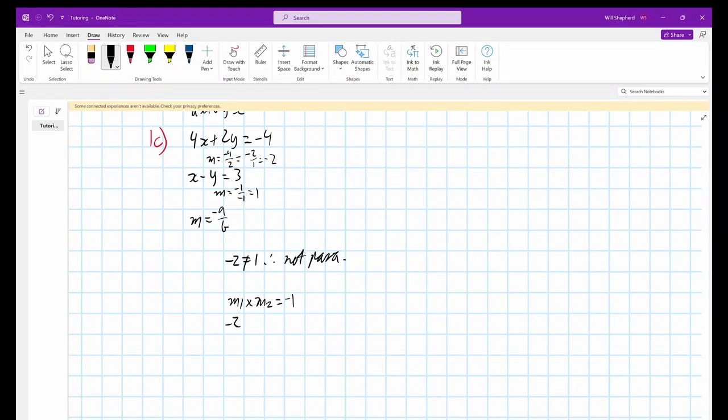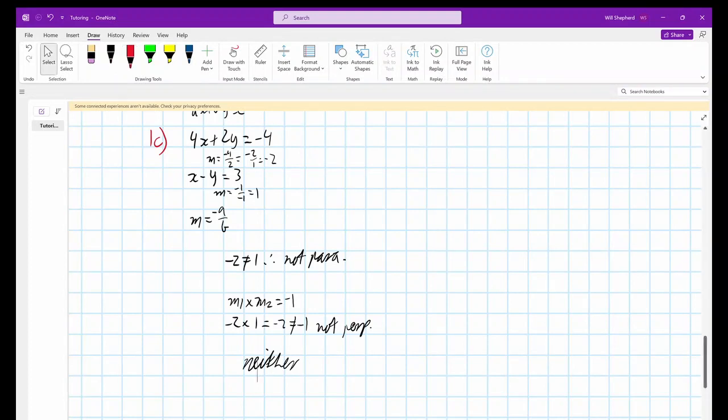In this case, it'd be negative 2 times 1. Negative 2 times 1 is negative 2, which does not equal negative 1. So not perpendicular either, perp for short. So therefore, we can say neither applies for this one here.